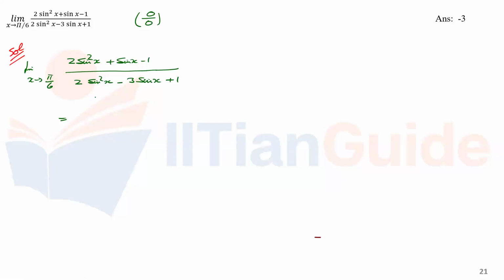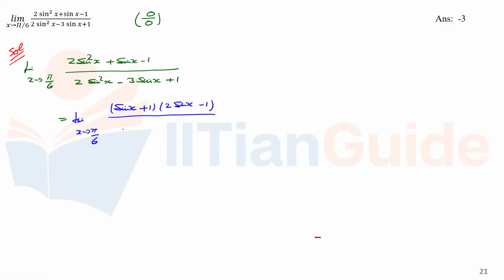Anybody getting the answer? Limit as x tends to pi by 6. If I factor, I will get one factor sin x plus 1, another factor 2 sin x minus 1.